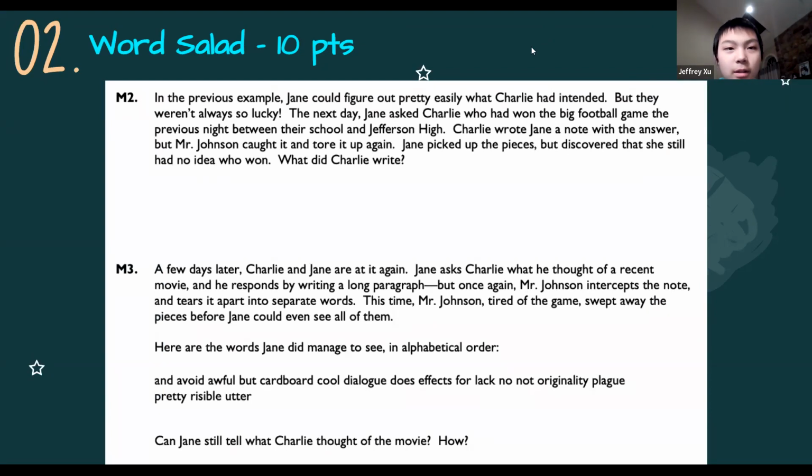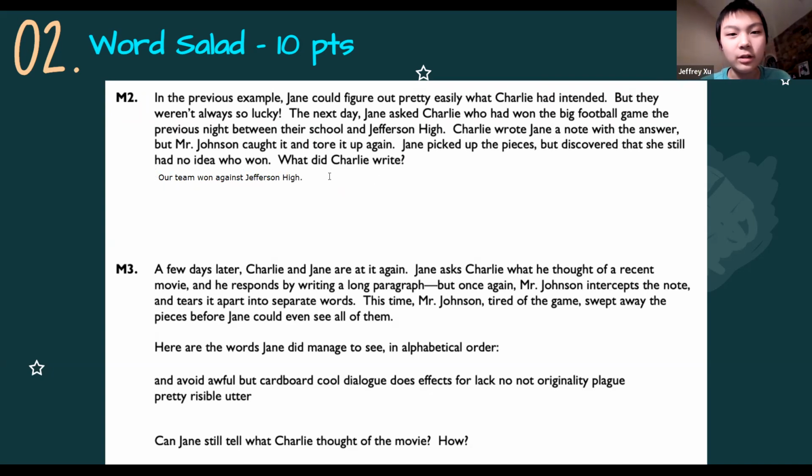So in part two, the idea is that when Charlie writes this sentence, you want to make their high school and Jefferson High School interchangeable. So the idea would be something like, "our team won against Jefferson High," or something like that.